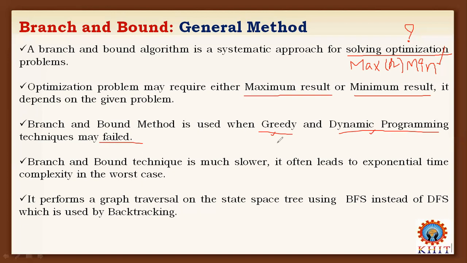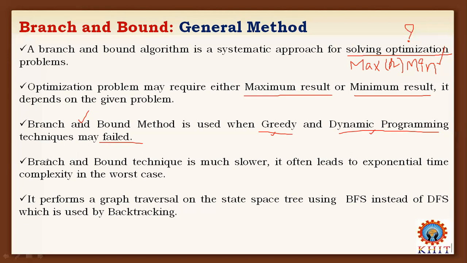Whenever we are planning to get the optimal solution, these two methods fail. In this case, instead of using greedy and dynamic programming techniques, we simply adopt branch and bound technique to get the optimal solution or the minimization problem solution.